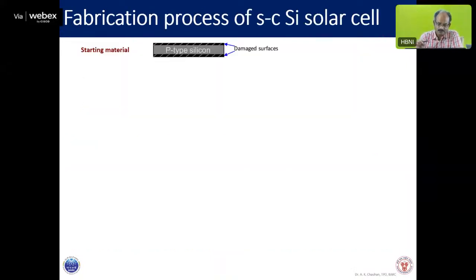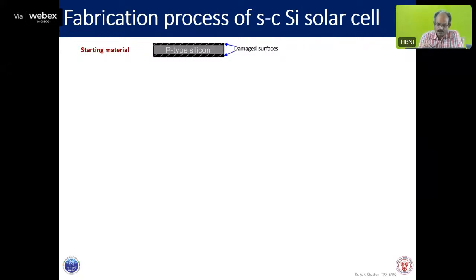So this is our starting material, which is a P-type silicon. As I said, because there are not many TCOs available for P-type, typically the surface from where the light enters, where a TCO is used, is the opposite type. So we start with the P-type silicon.